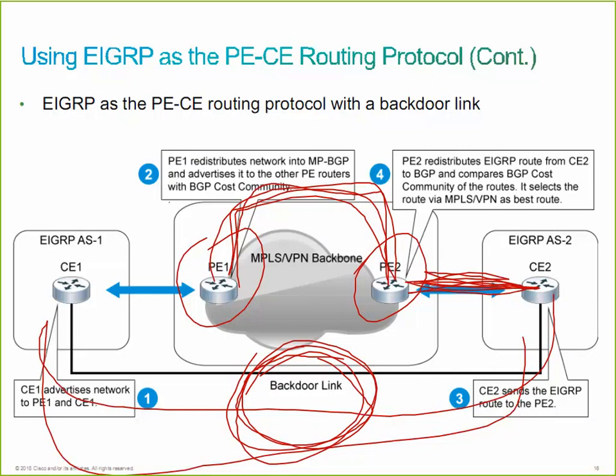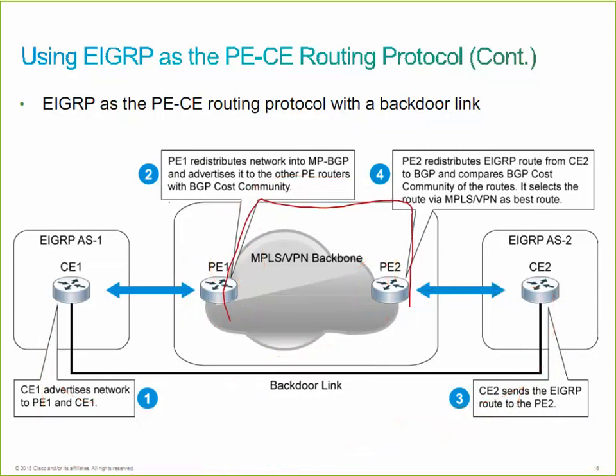So that's going to be preferred and installed. Does that make sense? So this path is going to end up being the path that gets used, because of the BGP cost community attribute being added to the backdoor link.